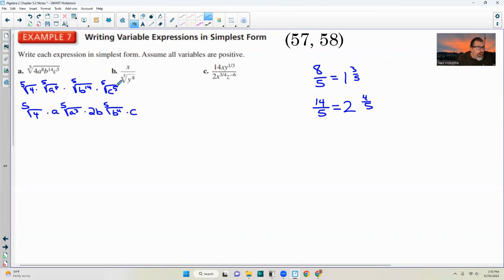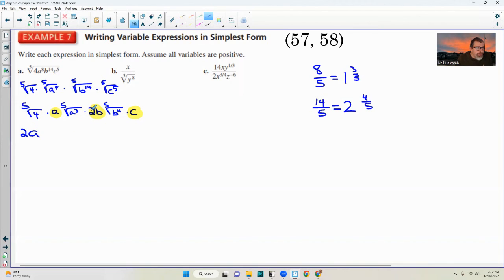Okay, so now I focus on my numbers outside. So I have an a, I have a 2b, and I have a c that are not under the radical. So I'm going to write that as a, and the 2 will go first because multiplication is commutative.